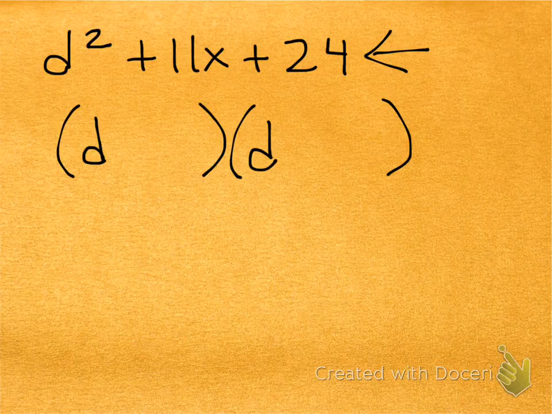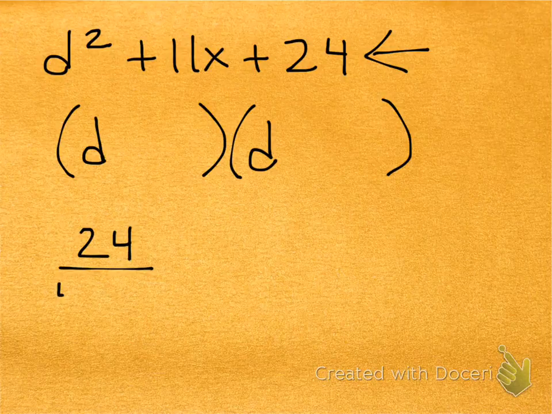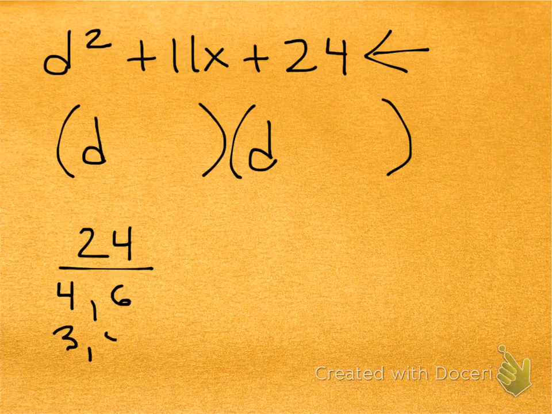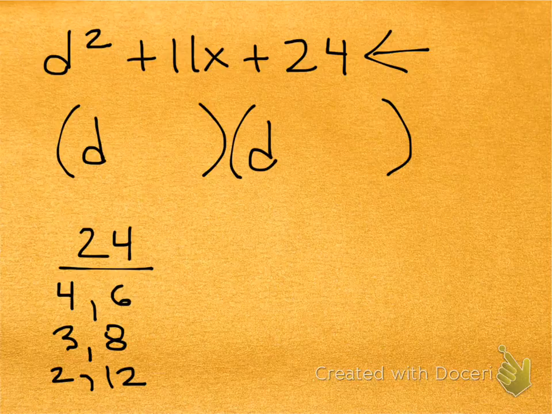So you want to think of factors of 24. Factors of 24 would be 4 and 6, 3 and 8, 2 and 12, 1 and 24, and that should be it.